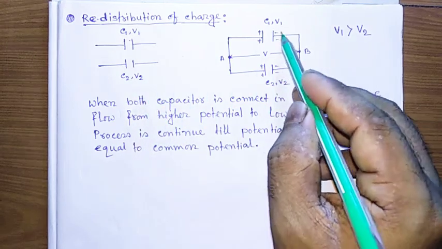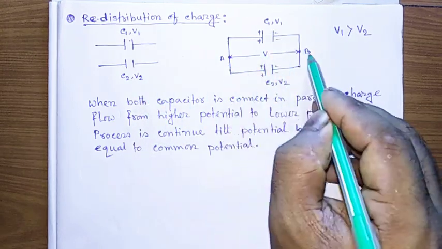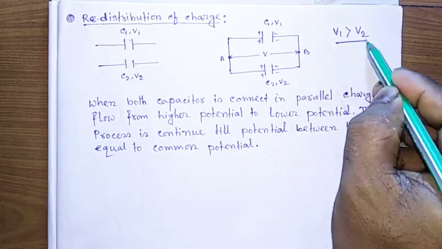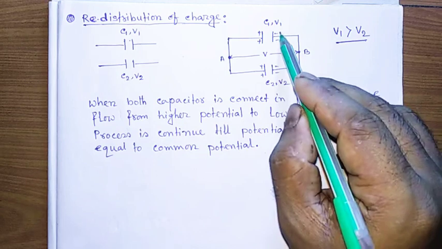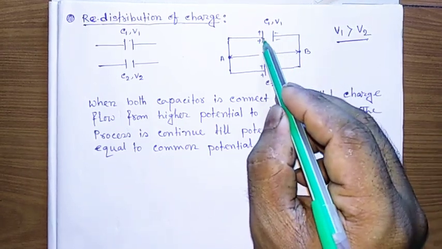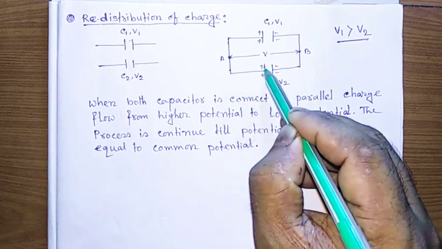Now if the two capacitors are connected, here we consider V1 is greater than V2. V1 potential is greater than that of V2, so charge flows from the higher potential to the lower potential.